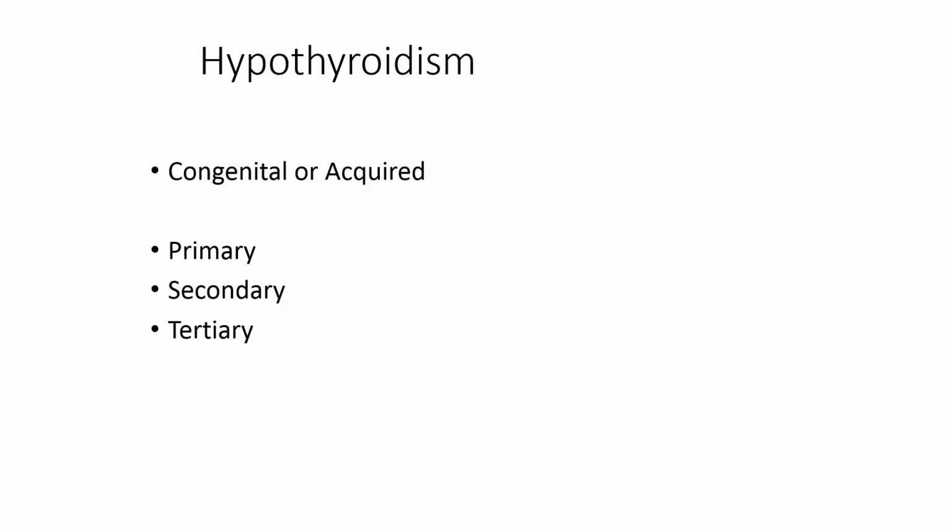A secondary would be like a pituitary problem that caused impaired or decreased secretion of the thyroid stimulating hormone, and therefore there would be low hormone secretion by the thyroid gland. And then lastly, the tertiary would be an impaired hypothalamus function, and that would cause low thyroid secretion even though the pituitary and the thyroid gland are intact.